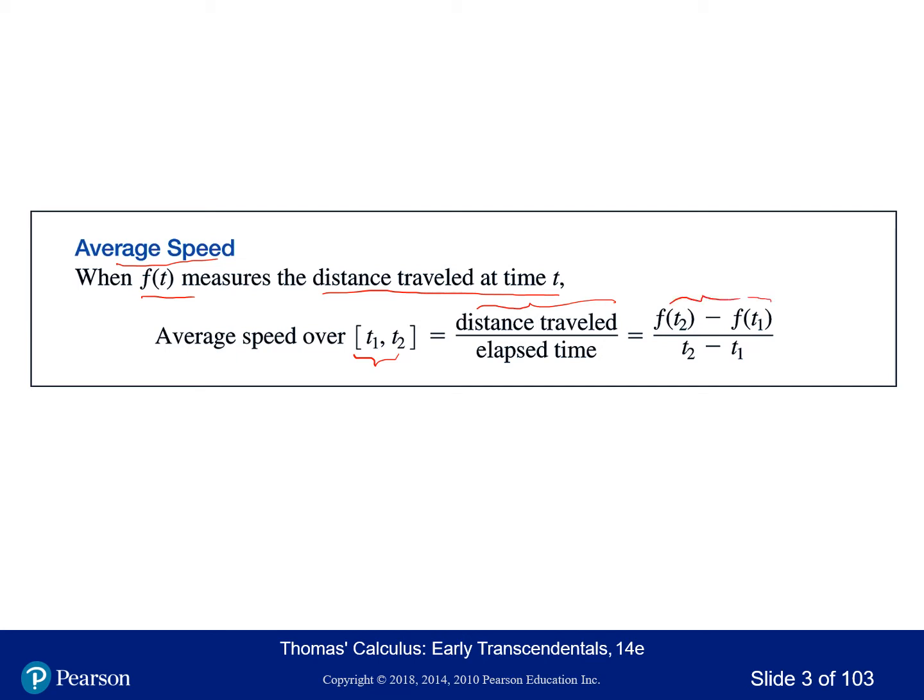When we subtract f of t1 from f of t2, that gives us the distance traveled, and the elapsed time is t2 minus t1. So if we divide the distance traveled by the elapsed time, it will give us the average speed.